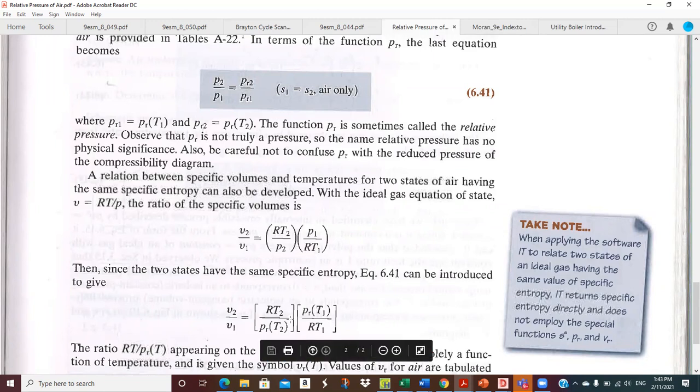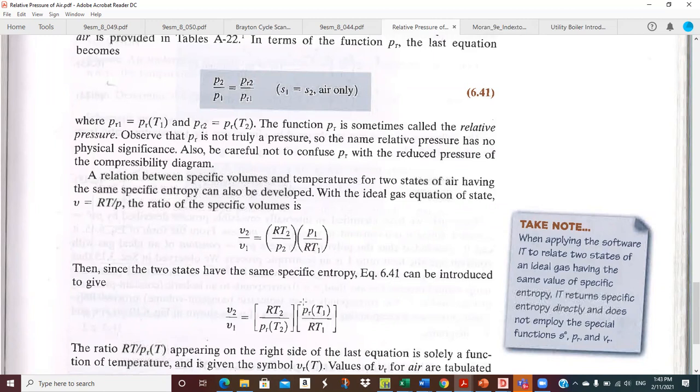And then these get tabulated as this pseudo-reduced specific volume, I think that's what they call it. And so you can use that in the solution of problems.